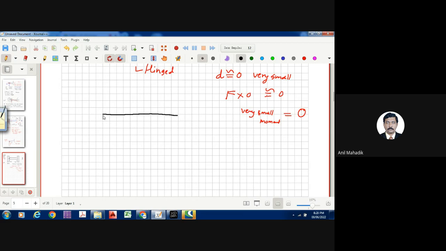So how do I draw the hinge support? अभी books में आपने देखा है. We draw the beam hinge support like this. Yes or no? Yes, sir. So this is the representation of hinge support.